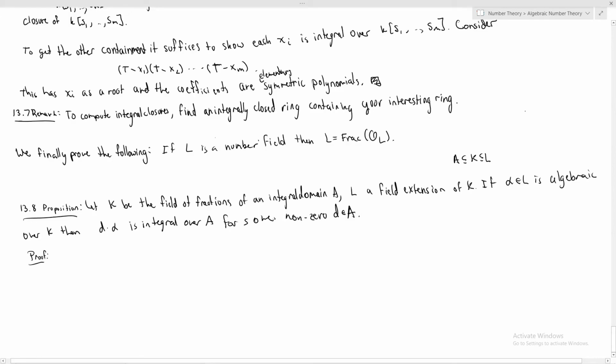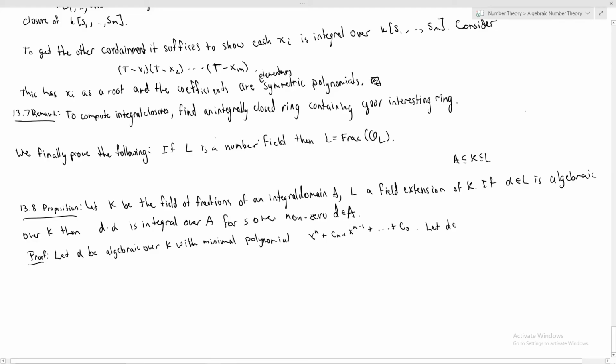You take alpha, which is algebraic over K, with, let's say, minimal polynomial x to the n plus c n minus 1 x to the n minus 1, and so on. I can find some common denominator of these c i's.